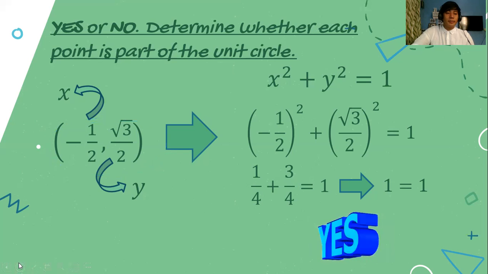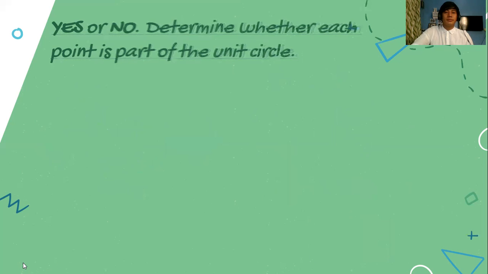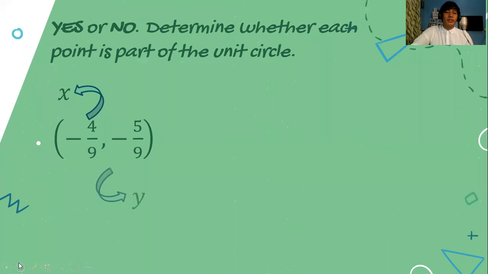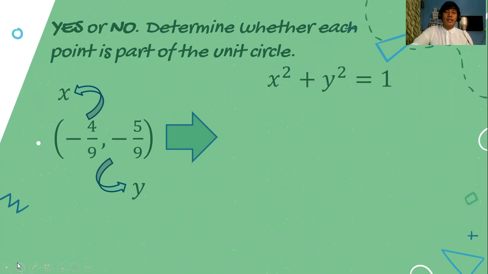Let's have the next example. Is negative 4 over 9 and negative 5 over 9 part of the unit circle? Or is it a trigonometric point of a circular function? So our x is negative 4 over 9, y is negative 5 over 9.